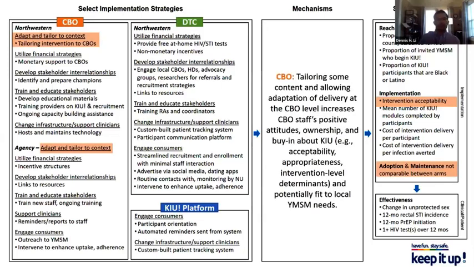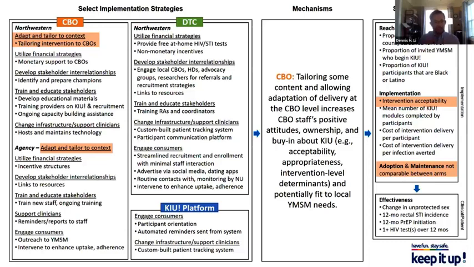So one of the first strategies we used, and this is a selection of them, this is not everything, was in the CBO arm, to allow for adaptation and tailoring to the local context. So at the Northwestern level, we worked with the CBOs to switch out some of the intervention content. So there's a generic welcome video that we could switch out for one that is specific to that community-based organization.